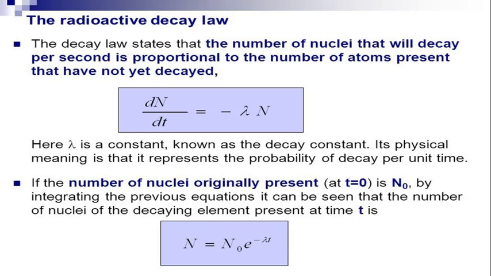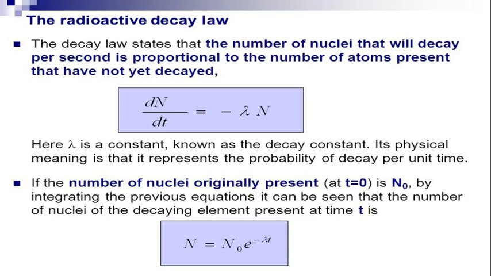And we can simplify that equation and can find out a new equation that connects N and N0, given by N is equal to N0 into e raised to minus lambda t, where N0 represents the number of nuclei originally present. That means the number of nuclei at t is equal to 0. Whereas N represents the number of nuclei at a particular time t.